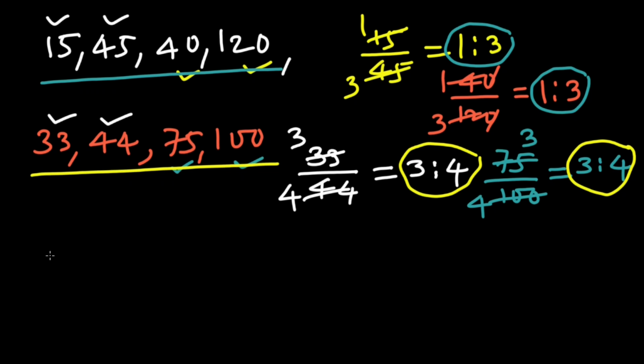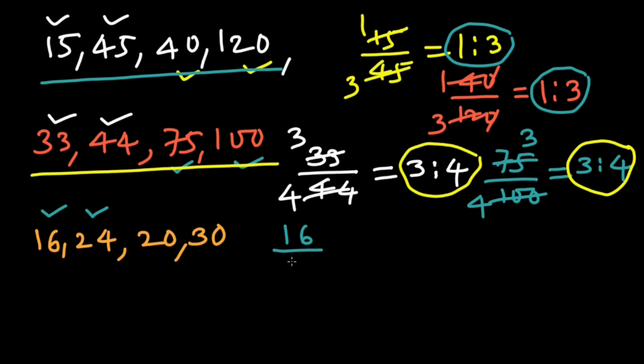Next, check if 16, 24, 20 and 30 are in proportion. First, we will take a ratio between 16 and 24, which will be 16 ratio 24. 8 twos are 16, 8 threes are 24.